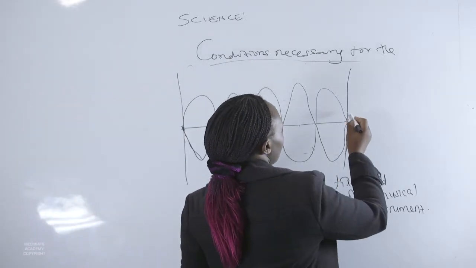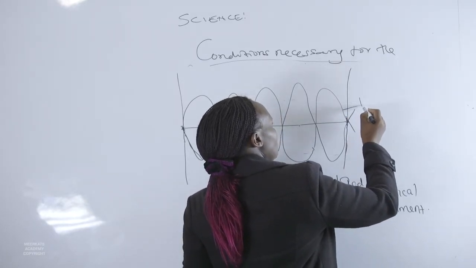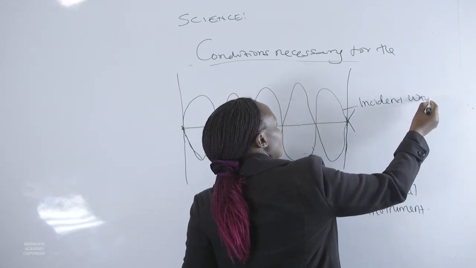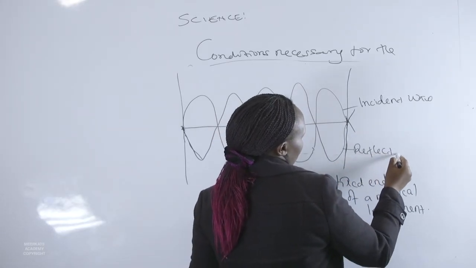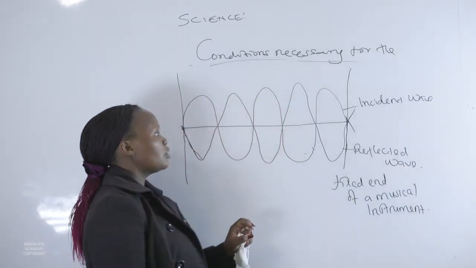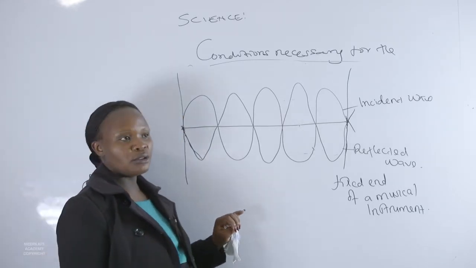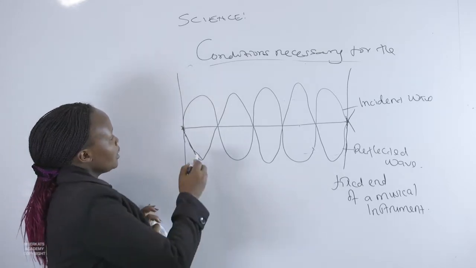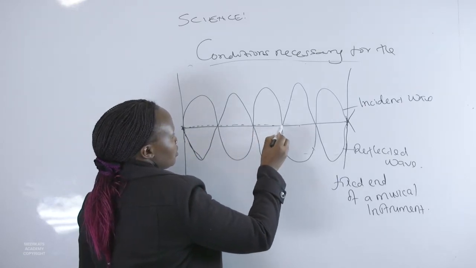So this one is the incident wave. This is the reflected wave. Now what will happen is that the incident wave is going to superimpose itself on the reflected wave, and the result will be a stationary wave.